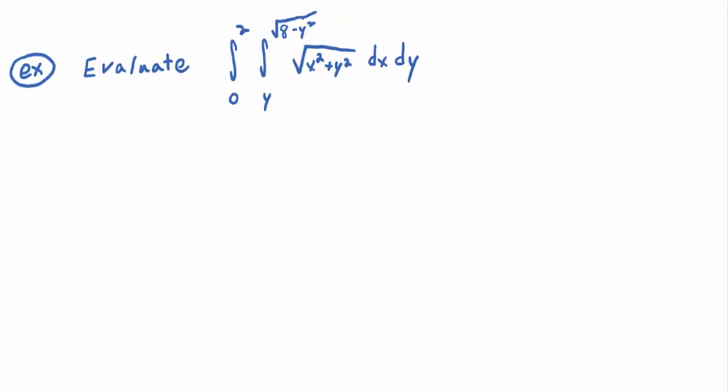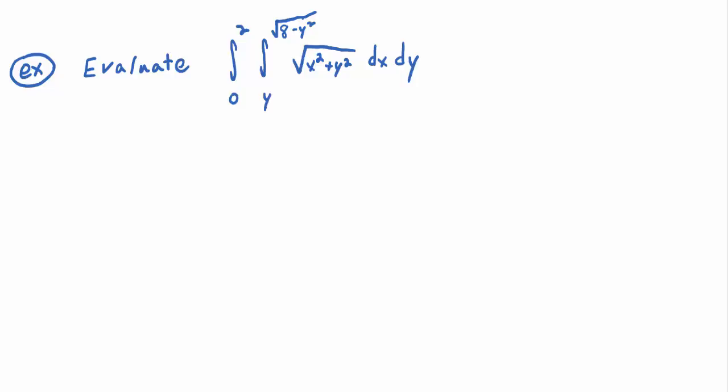So here is another problem where you're just given an integral and told to evaluate it. But let's look at this. First of all, start with the integrand. I see the square root of x squared plus y squared, dx dy. Okay, that's kind of ugly.